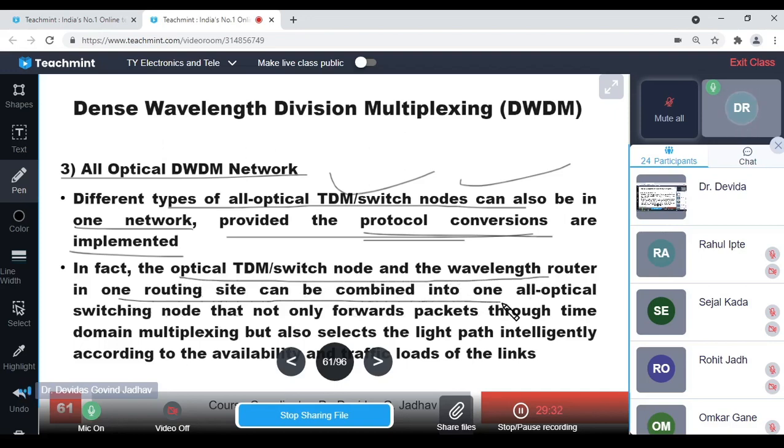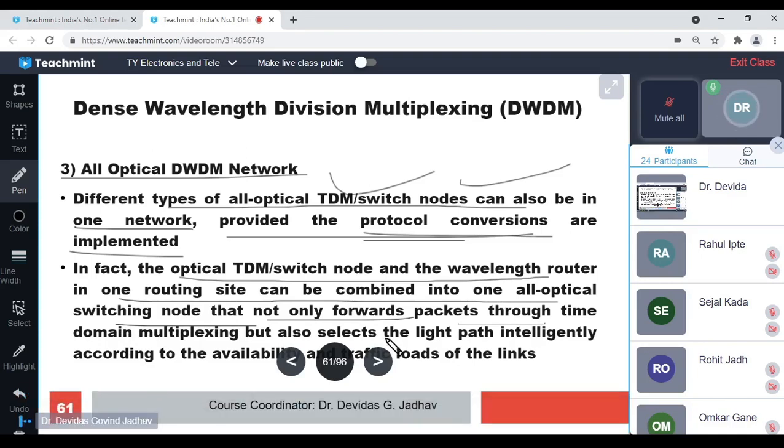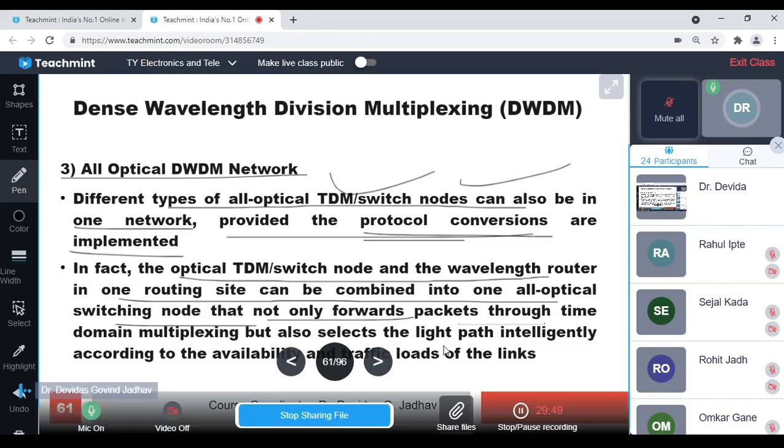In fact, the optical TDM switch node and the wavelength router in one routing site can be combined into one all optical switch node, which not only forwards packets through time domain multiplexing, but also selects the light path intelligently according to the available optical routing and the traffic loads of the link.